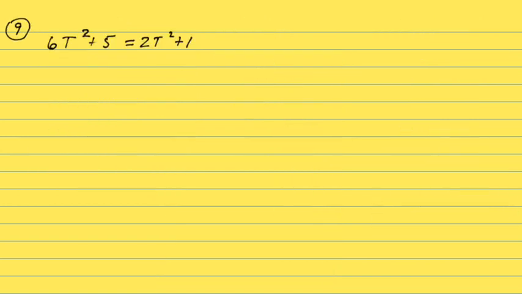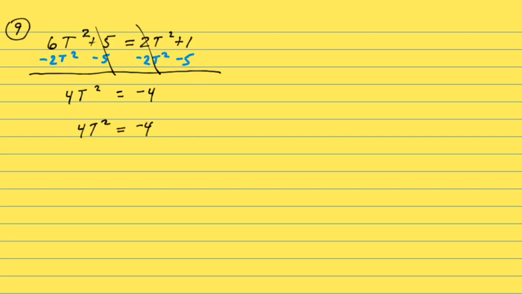After 3, 5, and 7, we might come to 9. Group all your variables on the same side. It's called isolating the variable, just like in Algebra 1. If I do this, I should isolate the variable in one step. Those cancel and those cancel. So what do I end up with? 4t squared equals, I believe, negative 4.